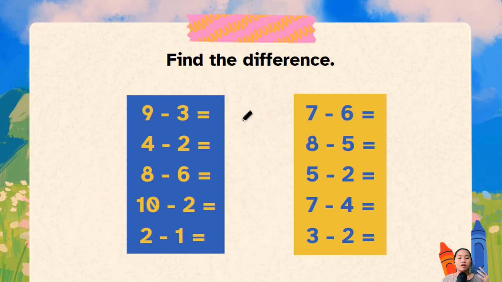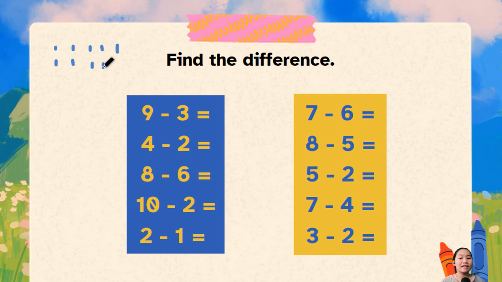Now that we've got to know subtracting 0 and subtracting till 0, let's have a little bit of an exercise, okay? What is 9 minus 3? 9 minus 3. Well, let's say I have 9 of these dots. 1, 2, 3, 4, 5, 6, 7, 8, 9.